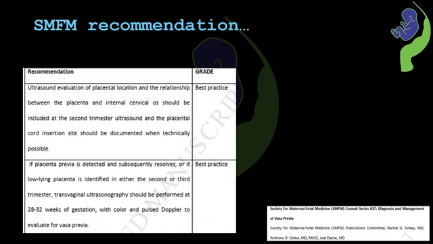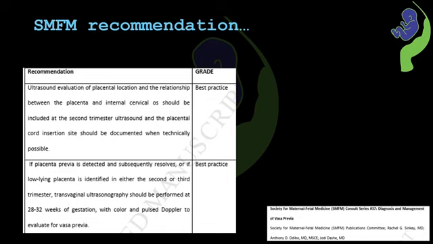Now, if placenta previa is diagnosed in the second trimester, even if it later appears to resolve, or if a low-lying placenta is identified in either the second or third trimester, then a follow-up transvaginal scan becomes mandatory. This follow-up evaluation should be performed between 28 to 32 weeks of gestation and must include both color and pulse wave Doppler to rule out the existence of fetal vessels.